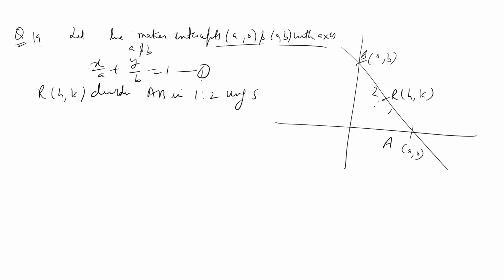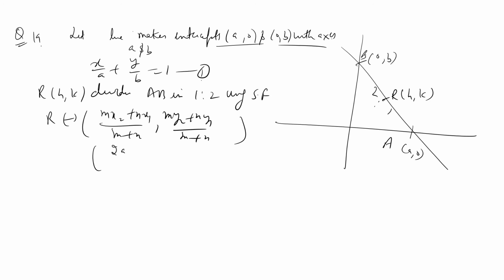So using the section formula, the coordinates of R are (mx2 plus nx1, my2 plus ny1) upon m plus n. So it is 2a plus 0 upon 1 plus 2, and this becomes 2 into 0 plus b upon 1 plus 2. So I think it is 2a by 3 and this is b by 3.